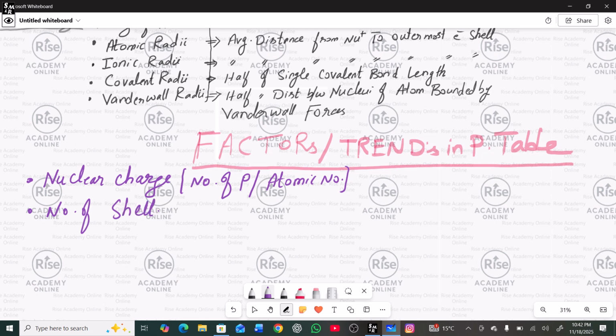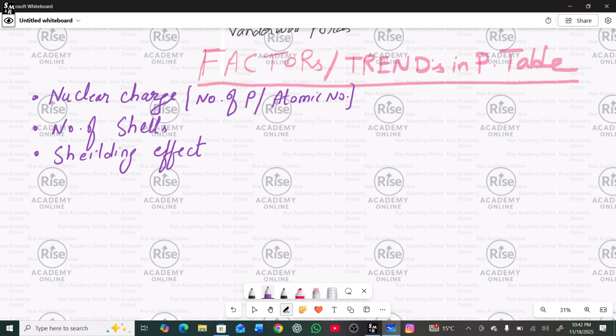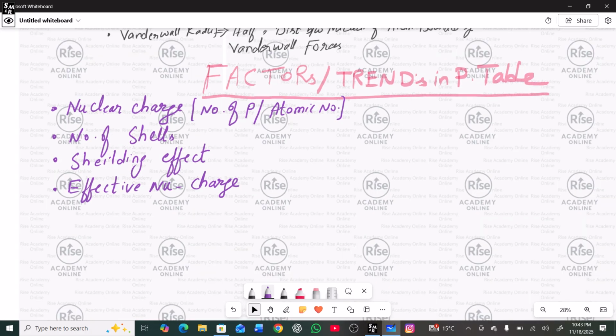The third factor is shielding effect. Another factor should be discussed here, and that is effective nuclear charge.